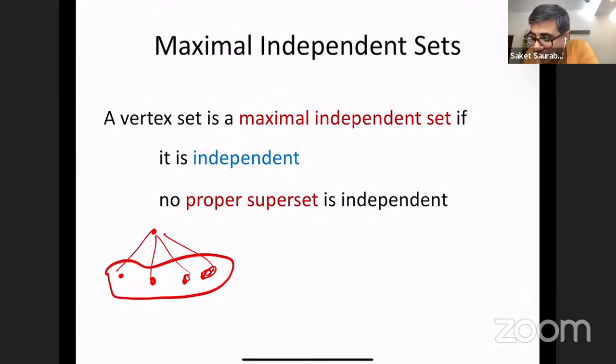But if you look at any subset of this, that is not a maximal independent set, because if I give you these two, then you can add one more vertex from here and find a proper superset which is still independent. So maximal means a set of vertices that is independent, and if I add any other vertex to that set, it creates an edge. Those kinds of sets are called maximal independent sets.